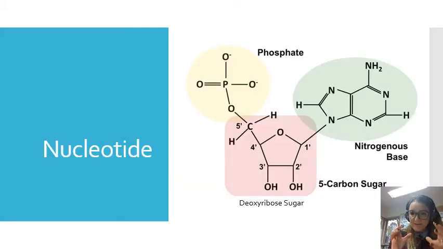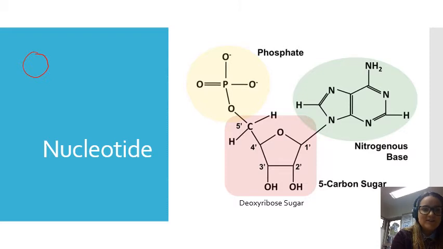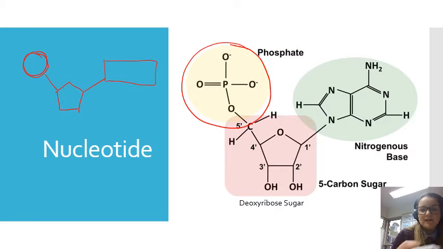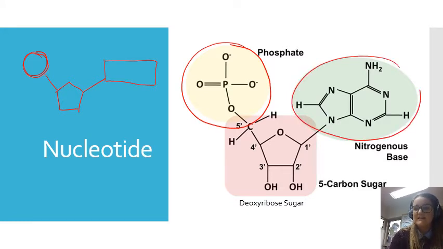Okay, so let's start with the nucleotide now. Your textbook and lots of pictures show a nucleotide drawn like this, a circle that represents the phosphate group. You can see that over here. A sugar molecule, and then normally a rectangle or some sort of funky shape that demonstrates this nitrogenous base.